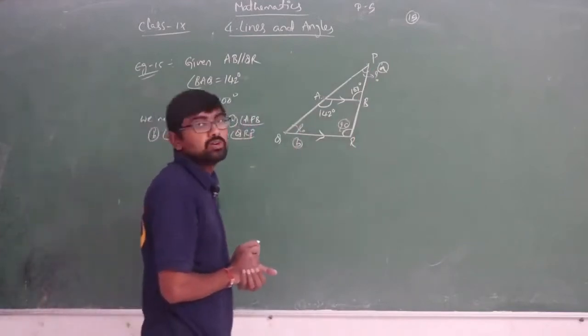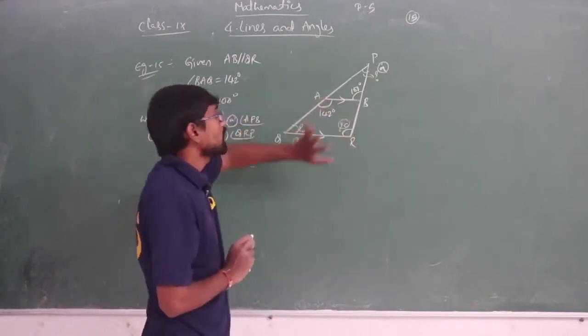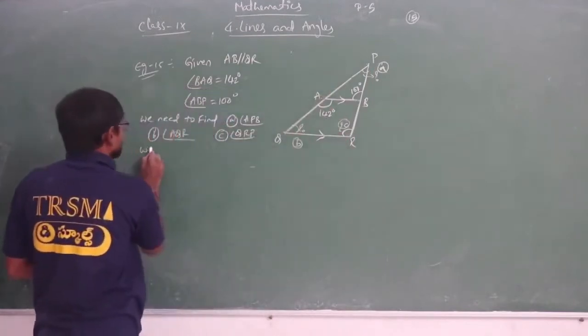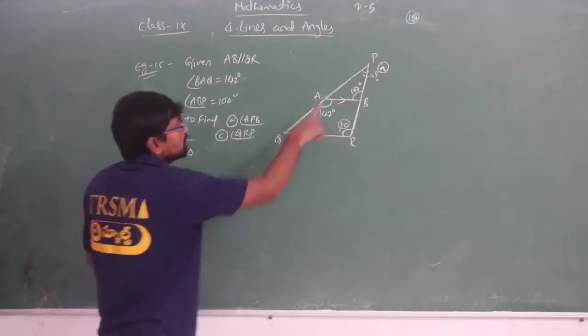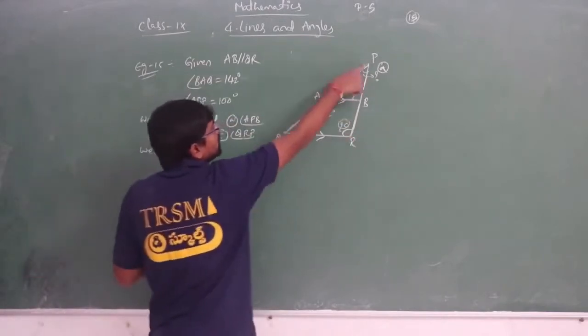So how will you find them? Here we have two triangles, PQR and PAB.